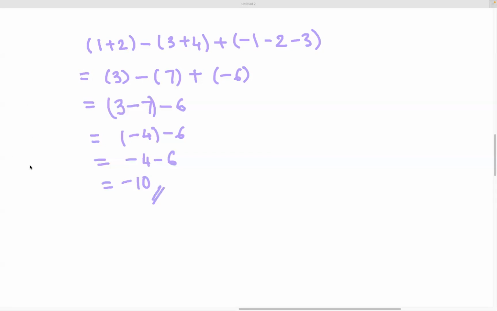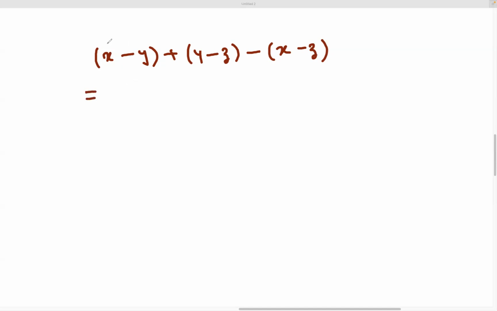How would we do this if we didn't have numbers, if we just had x, y, and z? For that, let's clear the screen and look at this example. If we have x minus y plus y minus z minus x minus z, then we could solve this as follows.